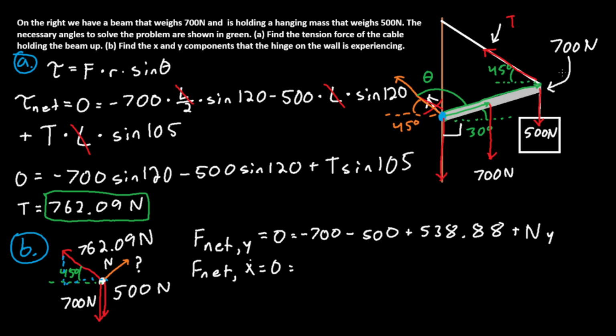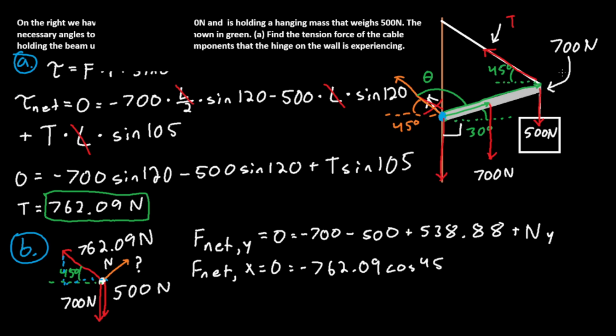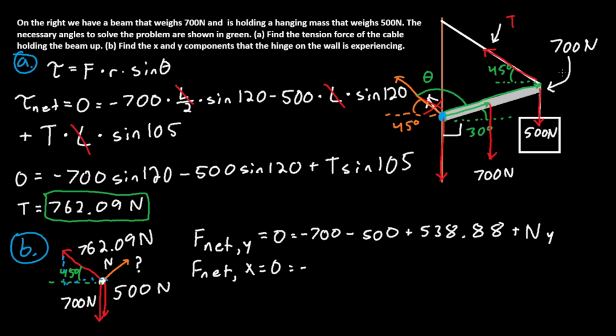So there's only two forces going in the x direction. Well, there's the x component of your tension force. That's going in the negative direction, so we'll multiply it by negative cosine of 45. Well, this right here is evaluated as just equal to negative 538.88 newtons.